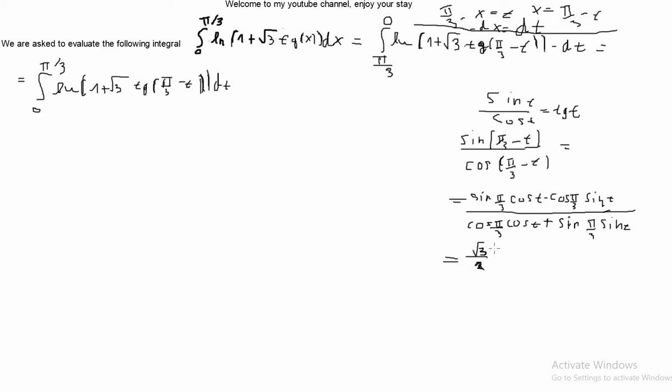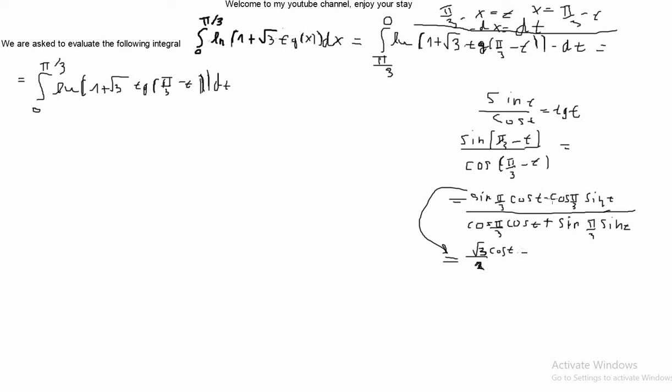Square root of 3 over 2 cosine of t, and this was sine, sorry. So from this we get cosine of t, and it's the minus, not the plus.